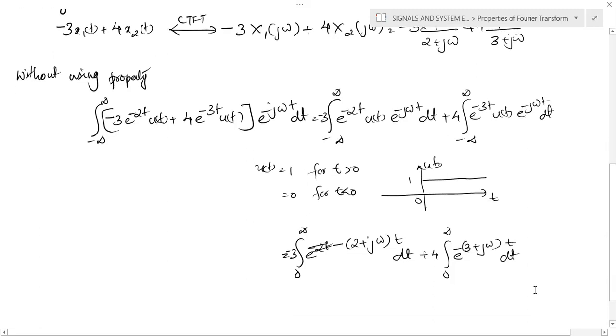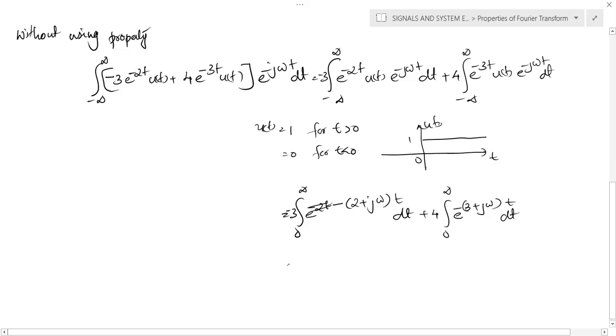And after applying the integral of e raised to minus (2 plus j omega) t, it becomes e raised to minus (2 plus j omega) t by (2 plus j omega). Already there is a minus 3, and we need to apply the limit 0 to infinity.